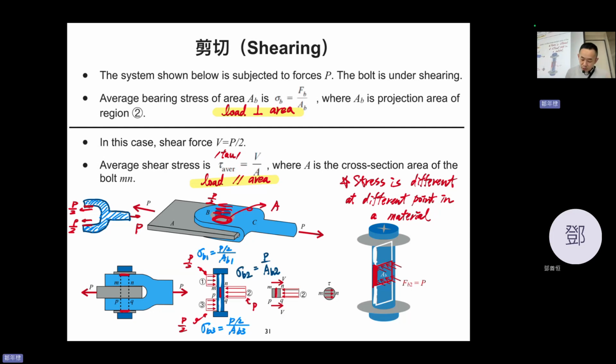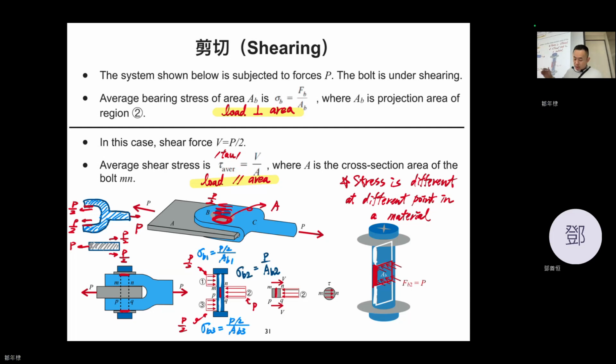Then if you want to draw the gray part, if you cut it, with your P, you will have P over 2, P over 2.